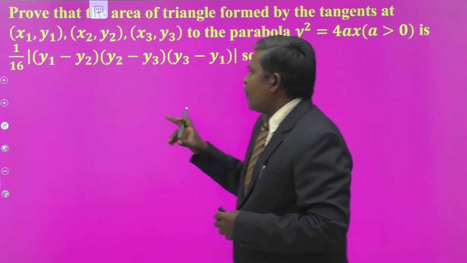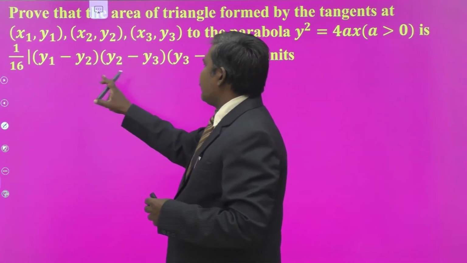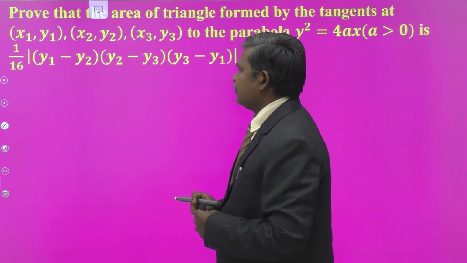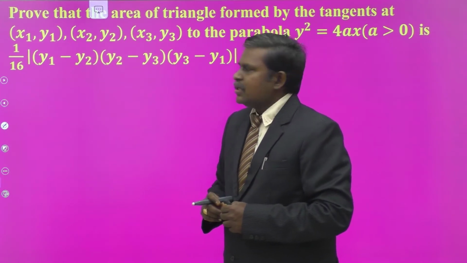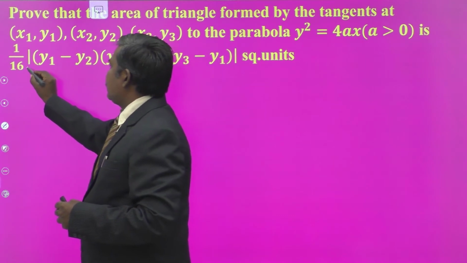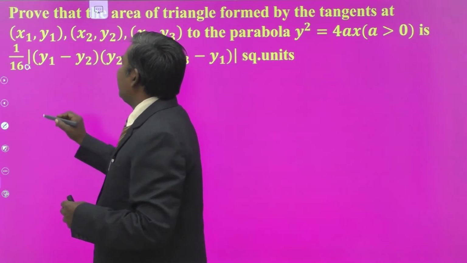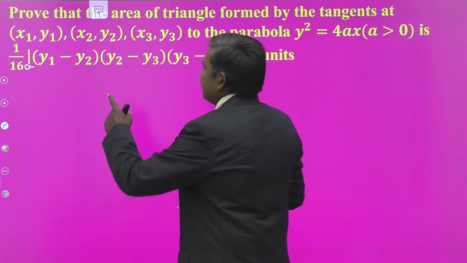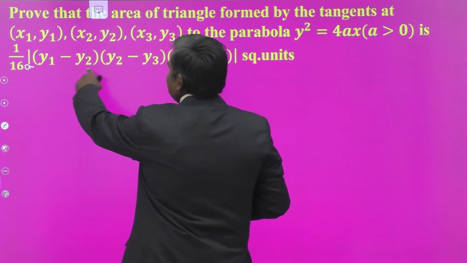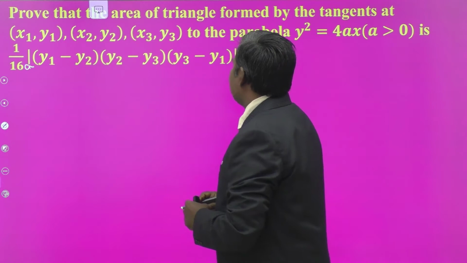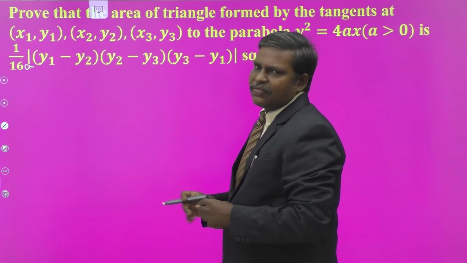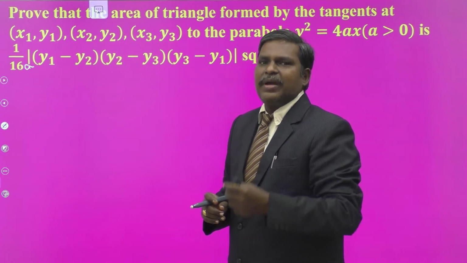It is 1 by 8a times (y1 minus y2)(y2 minus y3)(y3 minus y1). So exactly this is half of the area when you compare to that area.